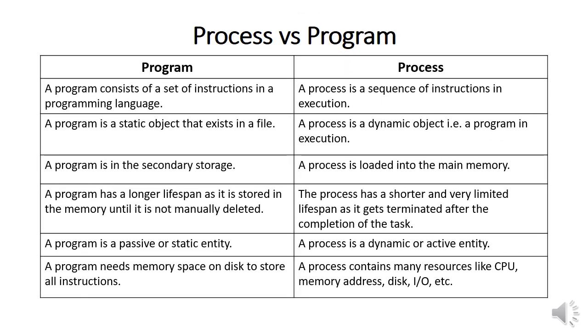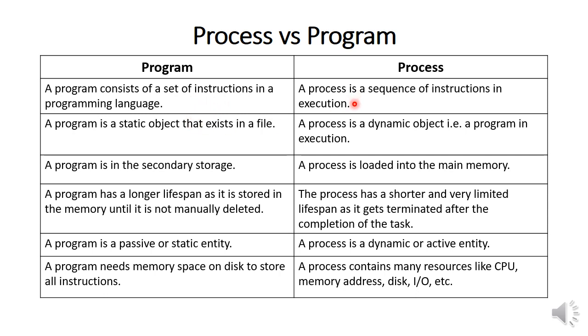So now let us compare or see the difference between a program and a process. A program is a set of instructions written by using a programming language. In other words, a program is created by a programmer and stored on a permanent storage device or just a secondary storage device like a hard disk and so on.